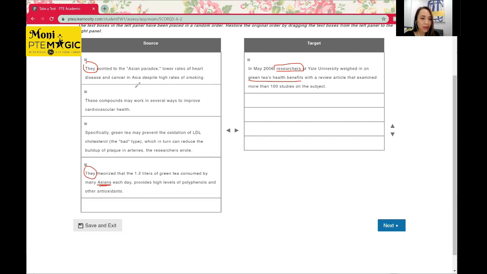Many Asians, and they have Asian paradox here and Asia here. But this is the first time they mention the Asian paradox, in the quotation marks. They're using quotation marks to say that this is the first time they bring up the term Asian paradox, and then they want to talk about Asia, and then they talk more about Asian people here, which means that this one should go before this.